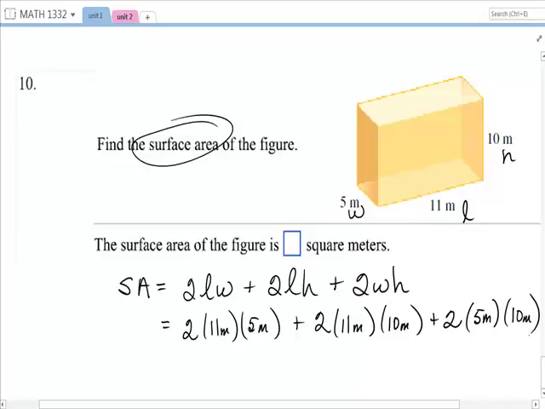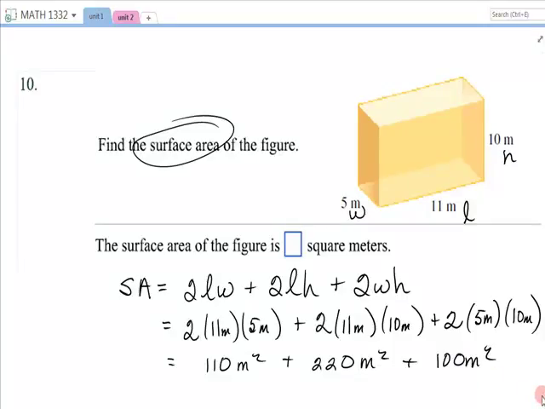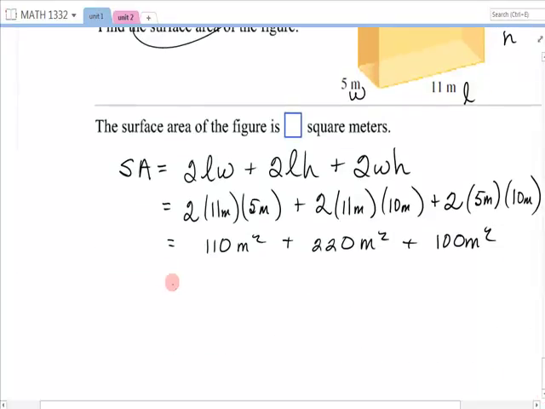Now I followed the formula and I get 110 meters squared plus 220 meters squared plus 100 meters squared, which is a total of 430 meters squared.